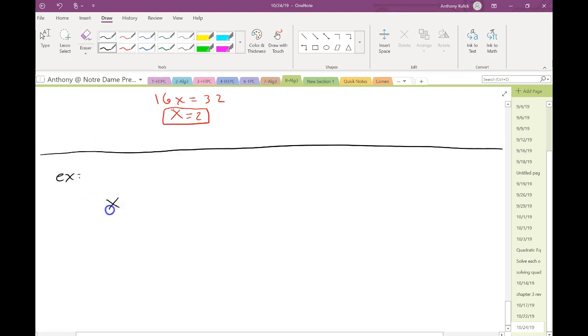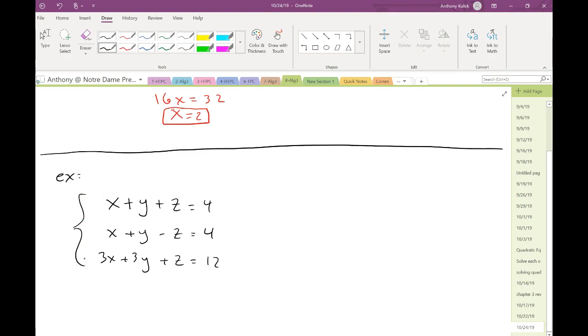So let's say we want to solve this system. We'll call these equations A, B, and C.